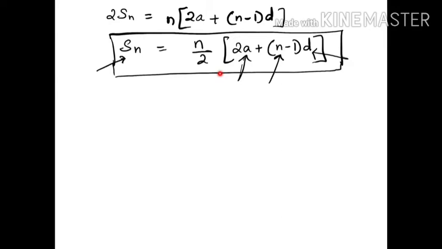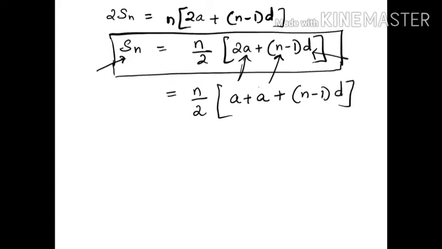The same formula can be written in a different way. Let's see how. The sum of n terms will be equal to n upon 2 times, I will write 2A as A plus A plus n minus 1 times D. But what is A plus n minus 1 times D?